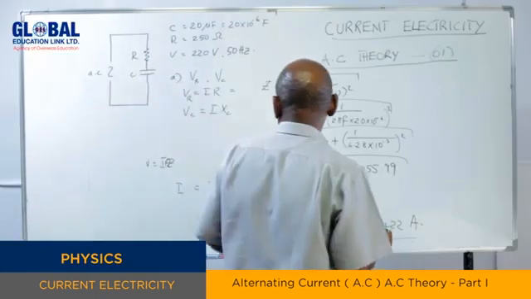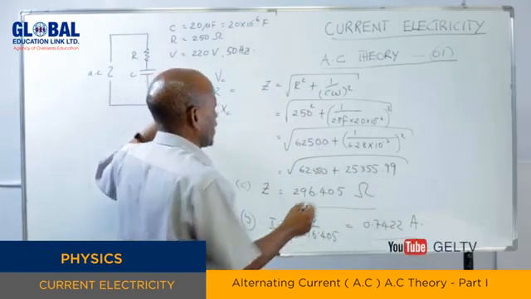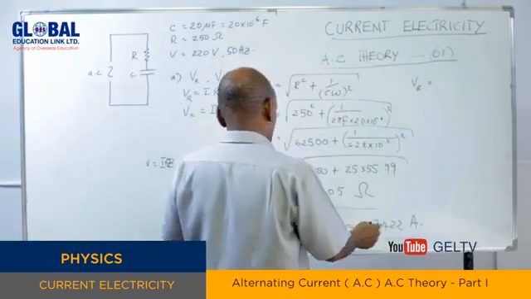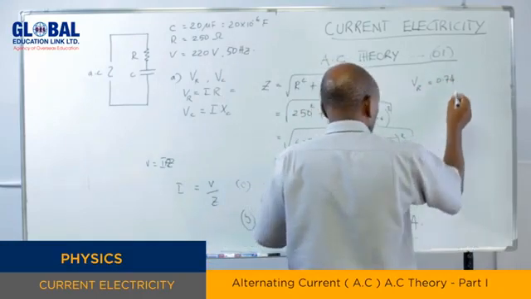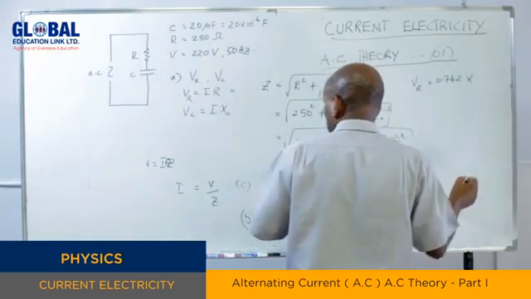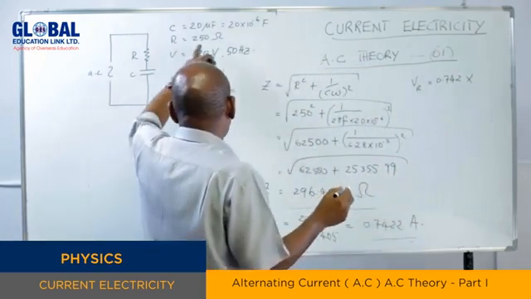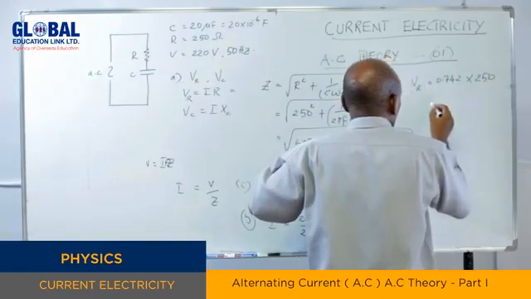As already mentioned, the voltage through a resistor is equal to the current, which is 0.7422, multiplied by the resistance, which is 250.